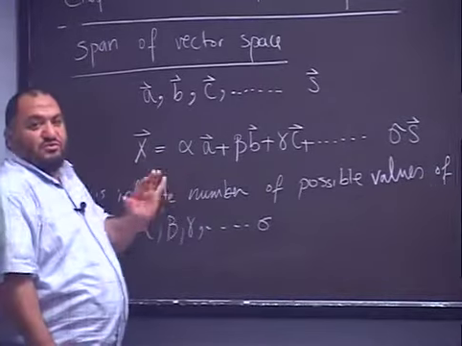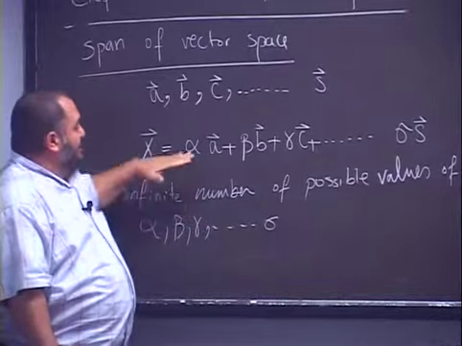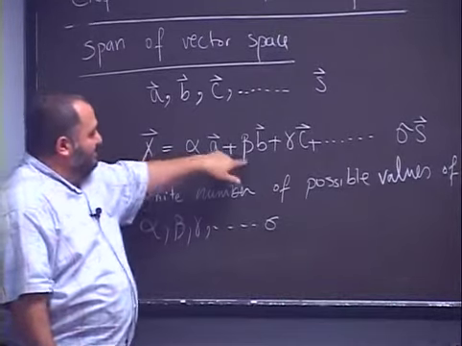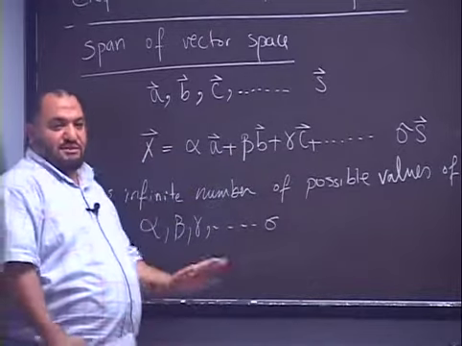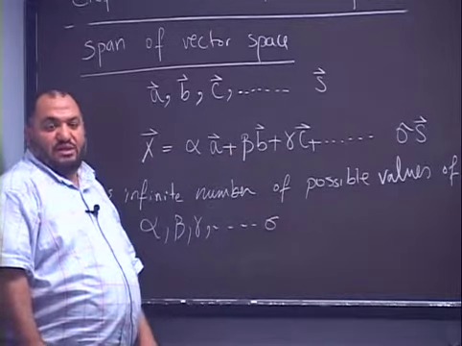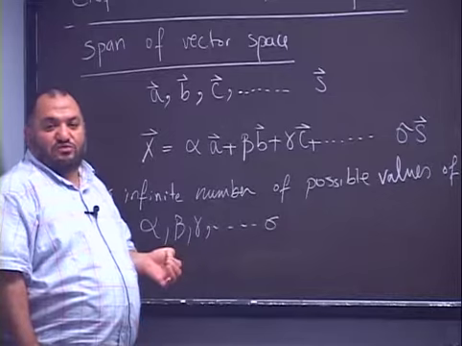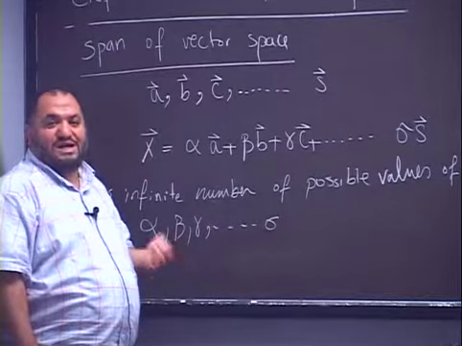Only I found 6 that the summation of alpha A plus beta B plus gamma C is not equal to 0. Only 6. Okay? So in this case, the dimension of the vector space will be equal to 6.